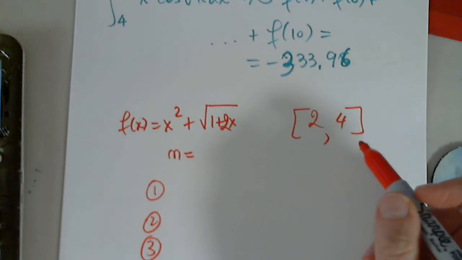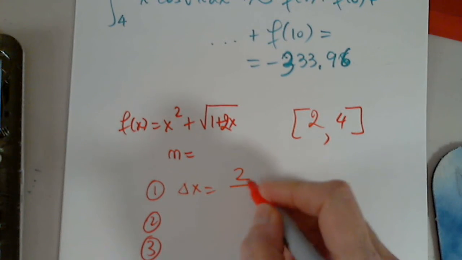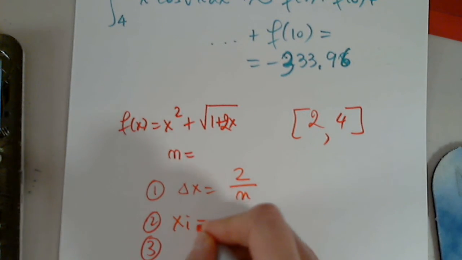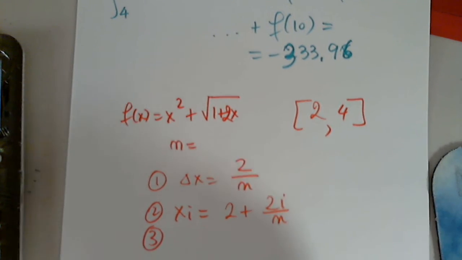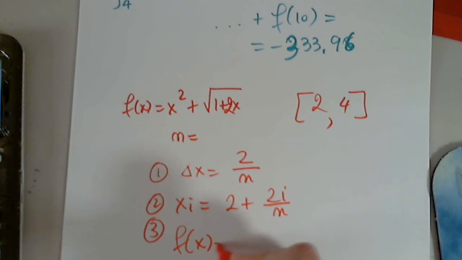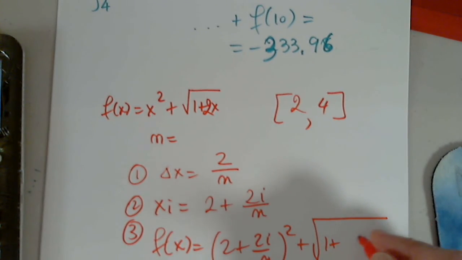So the prep will be delta x is 4 minus 2, so it's 2 over n. Xi will be 2 plus 2i over n. And the function will be 2 plus 2i over n squared plus the square root of 1 plus 2x, which is 5 plus 4i over n. We did this last time.